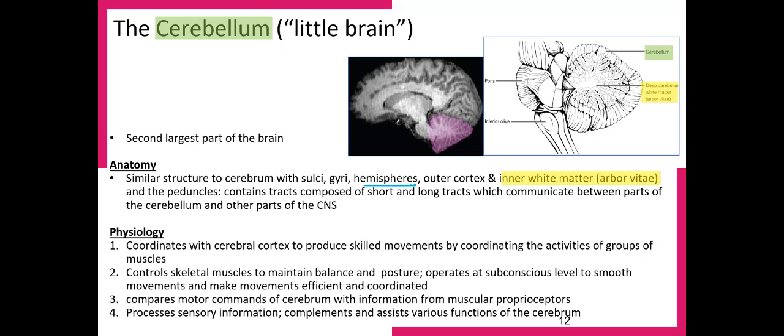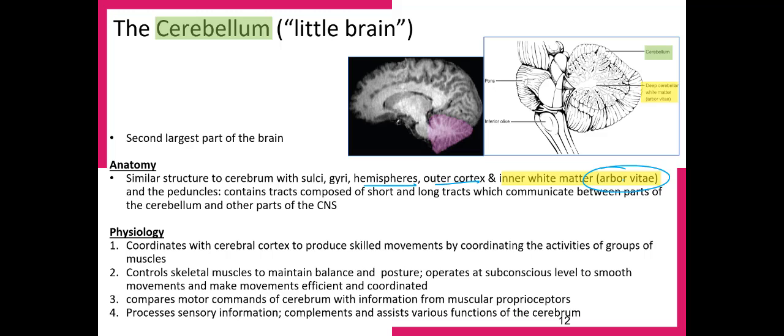It's divided into left and right hemispheres. It's got an outer cortex made out of gray matter and an inner part which is made out of white matter, and it looks like a tree. So someone decided to call it the arbor vitae, the tree of life.